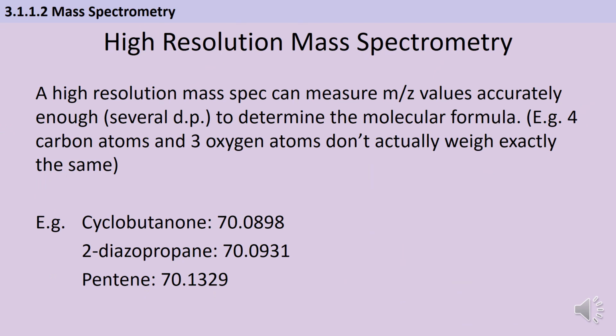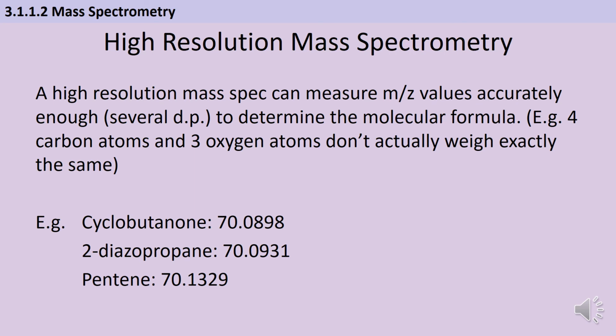Finally, it's just worth mentioning that actually mass spec can be far more accurate than the nearest integer. So if you're using high resolution mass spectrometry, you can actually figure out what the mass of a particular molecule is down to several decimal places. And this can be really useful if you're trying to distinguish between different molecules which have essentially the same relative formula mass, but not at a very, very accurate level.